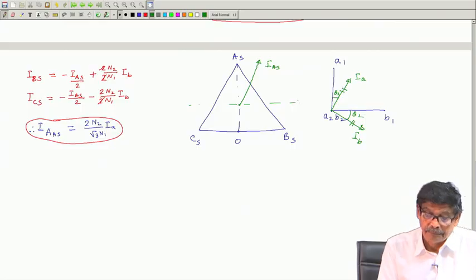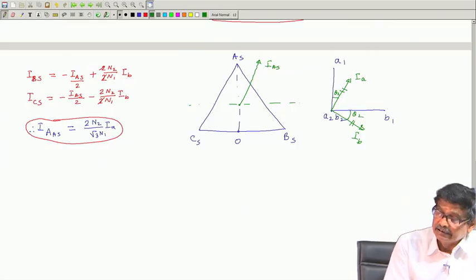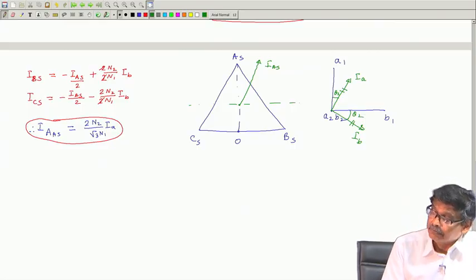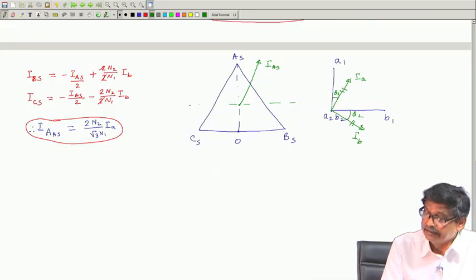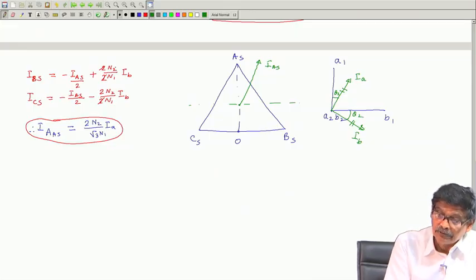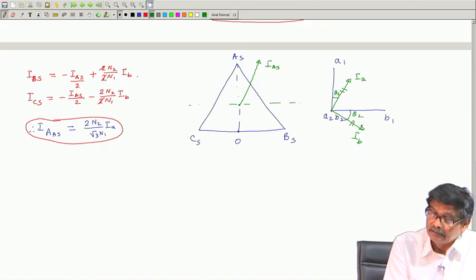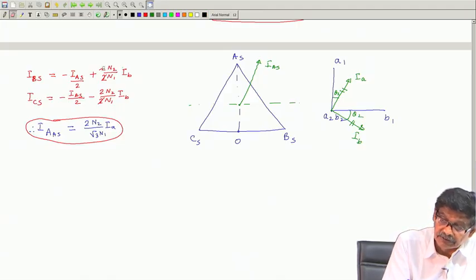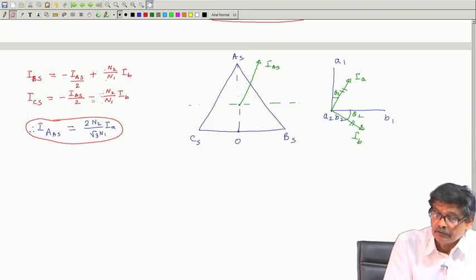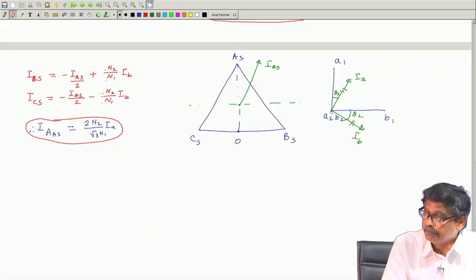This is the thing. Then if you see IBS, it is equal to IB is like this. So, N 2 by N 1 into IB. So, this part, suppose IBS I am plotting, it is this term. So, erase this 2, it is not there now. So, N 2 by N 1 into IB, IB is here multiplied by N 2 by N 1.